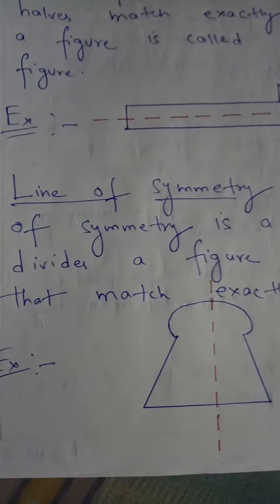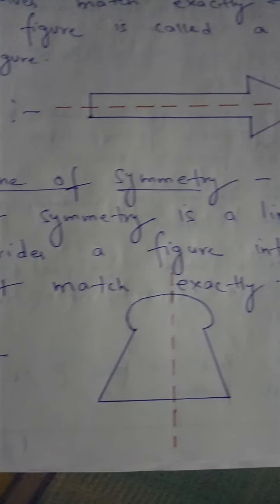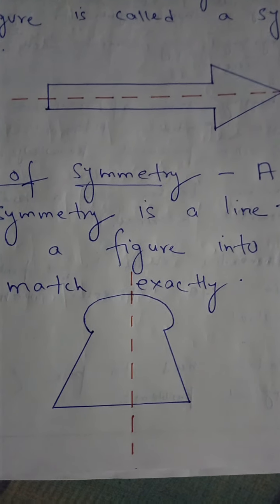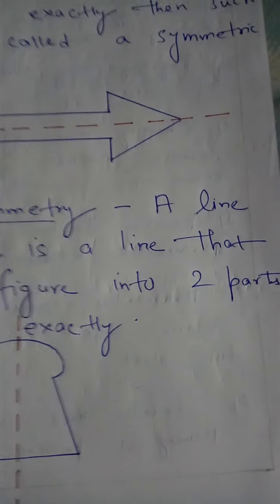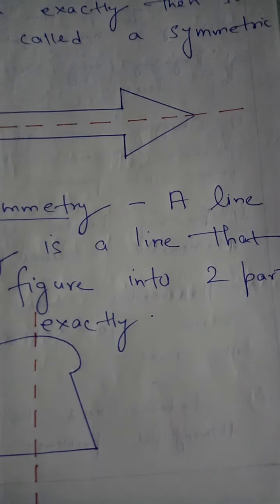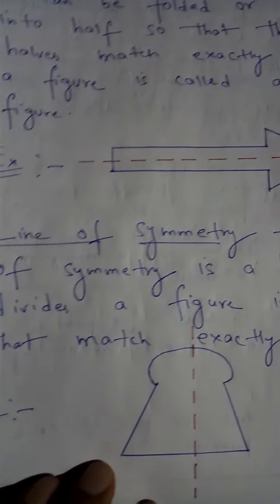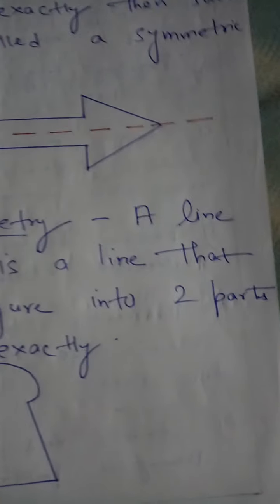It's a line that divides a figure into exactly two parts. The parts are the same.